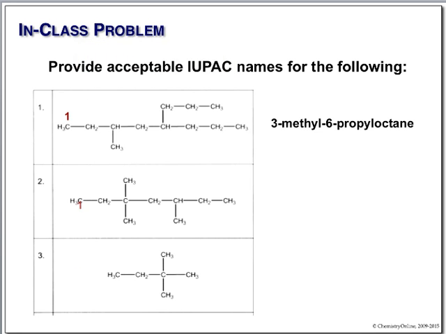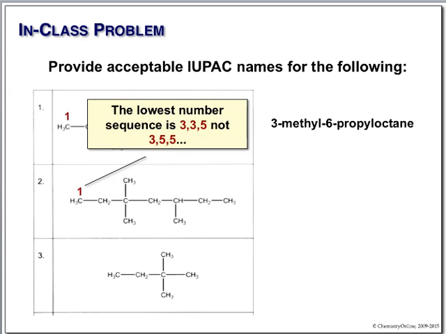Therefore, this is carbon number 1. We're looking at 3, 3, 5. If we started here, it would be a 3, 5, 5. 3, 3, 5 is better at the first point of difference. So we have 3 methyl groups. It's going to be a trimethyl. We need to say 3, 3, 5 trimethyl heptane.